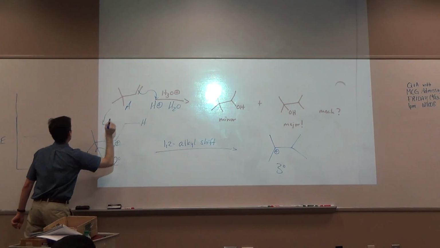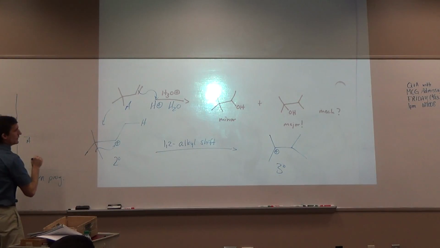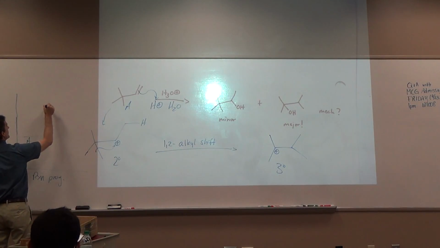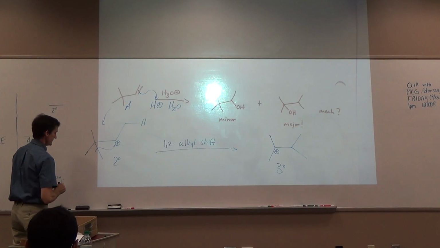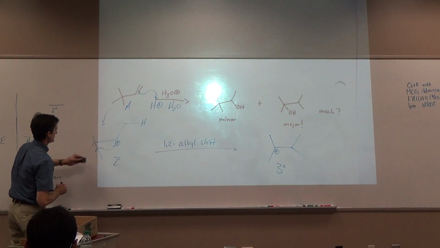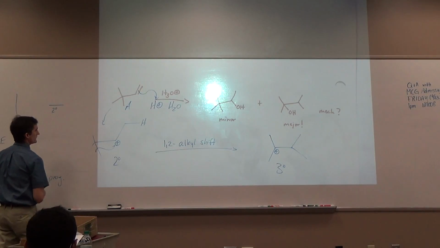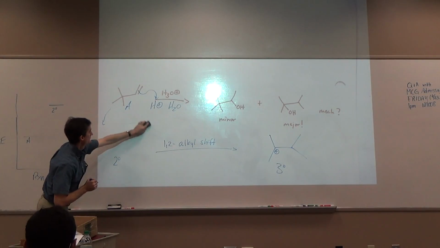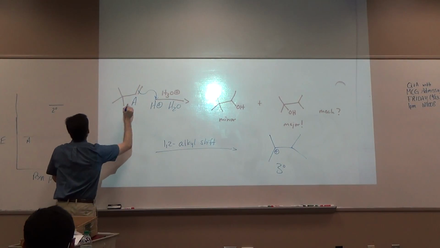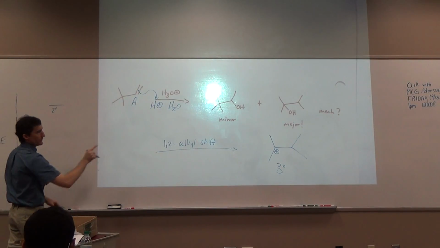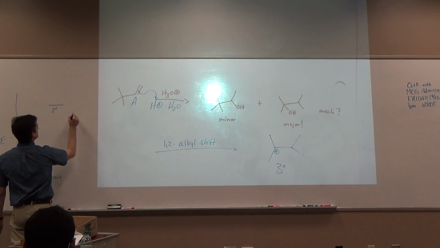Let's call it A. Start with A. We go to a secondary cation. I'm going to erase this here. Secondary cation. We then go to tertiary, but that's lower in energy, yeah? Not much lower, but we'll go to tertiary.